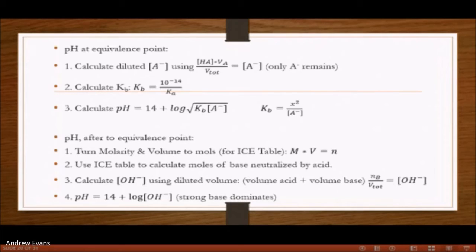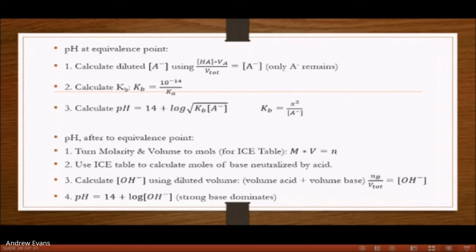And then after the equivalence point, if we're titrating with a strong base, here's the beauty of it: strong acids and strong bases dominate. If you had a strong acid and a weak acid in solution, the strong acid reacts completely before the weak acid.